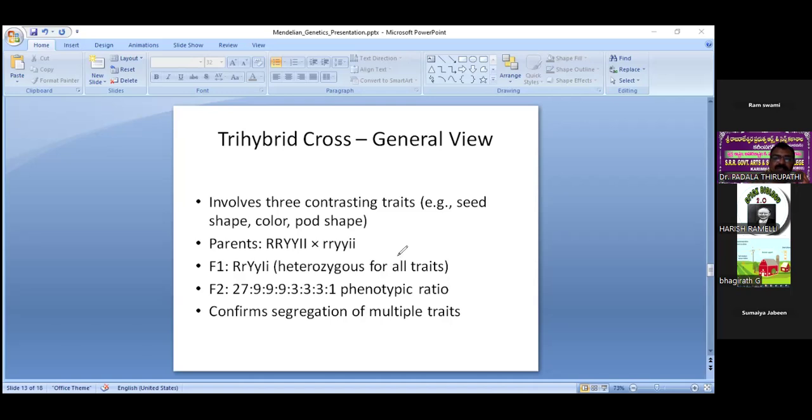The remaining characters are missing. And we obtain the 27:9:9:9:3:3:3:1 phenotypic ratio. So it confirms the segregation of multiple traits.